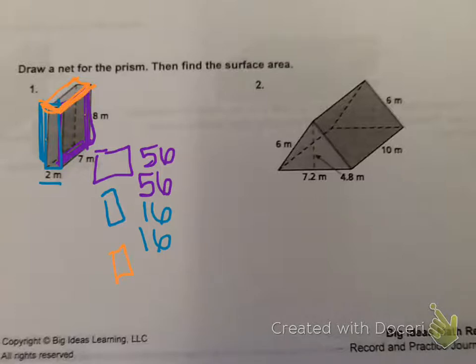So my third rectangle is 14 and 14. When I add those all together, I get 172, and this is still meters squared.